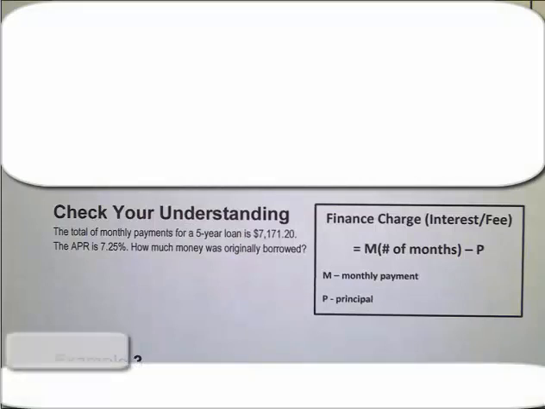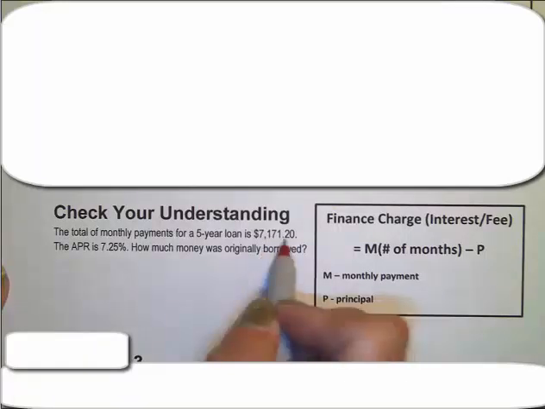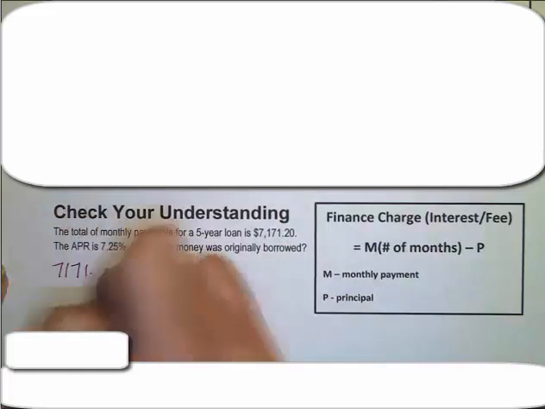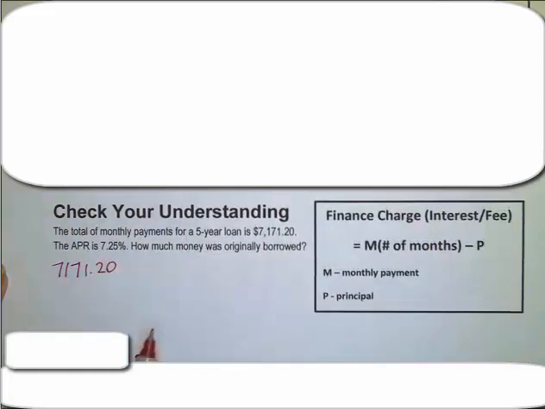All right, so what is your check for understanding? The total monthly payments for a 5-year loan is $7,171.20. The APR is 7.25%. How much money was originally borrowed? So since this is our total amount we paid, $7,171.20, that's how much we paid.